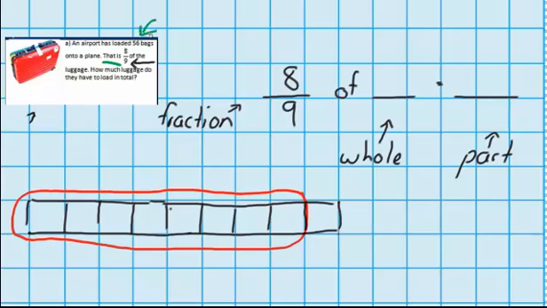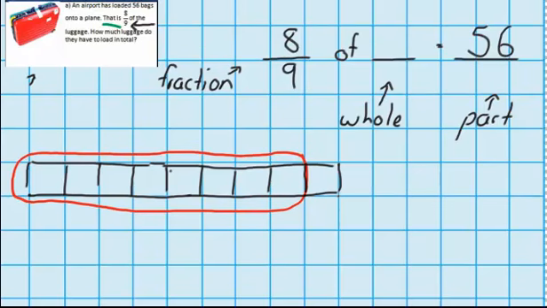So those 56 bags must be just some of the bags that they have to load. So since it's just some of them, I'm going to write the 56 down here, which means we've got one section left, and that's the whole. So that means that this must be a whole unknown question. So I'm going to solve it using my whole unknown strategy.